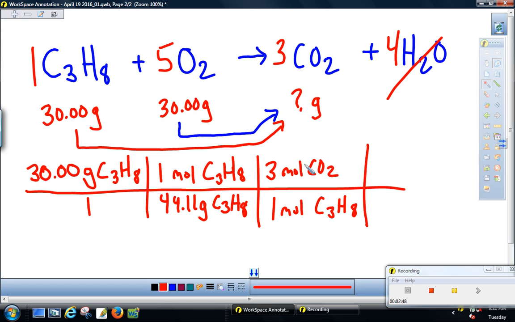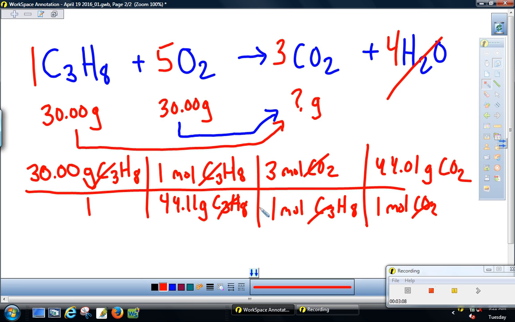Then we multiply by the molar mass of our unknown, our product. 1 mole of CO2 is 12.01 plus 2 oxygens, 32, so it's 44.01 grams. Check to make sure everything cancels. Grams cancel, moles of propane cancel, moles of product cancel.